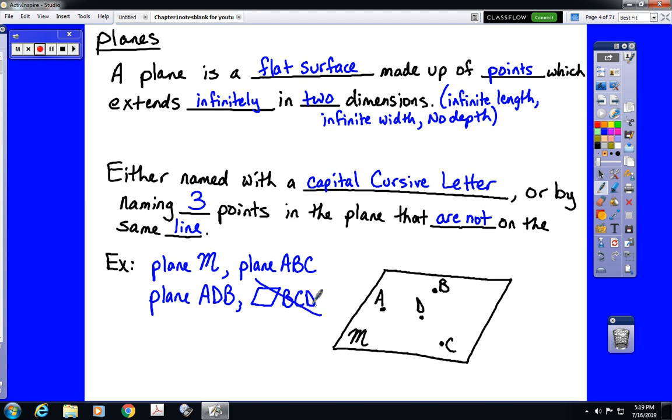So I really don't want you to use that notation. I want you to write the word plane and then give me 3 points that are not on the same line. Now those are not the only ways to name this plane. There's actually a bunch of other orders, a bunch of other combinations of 3 points that we could use, but those are some examples of how to name that plane.